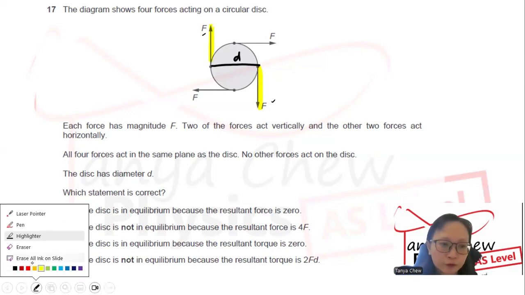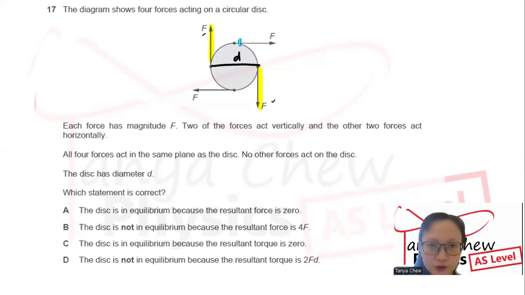And the other two forces, this one and this one, form another couple. So when you detect a couple, bear in mind, a couple can never ever produce equilibrium. A couple will produce a pure turning effect. So I will have to cancel A and C because they are not the answer.